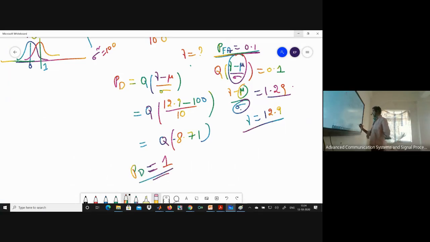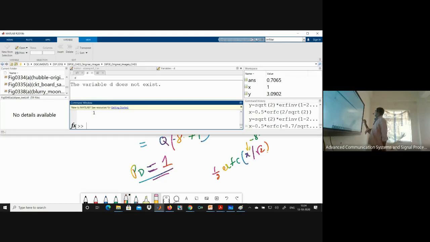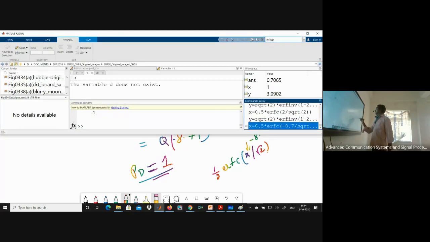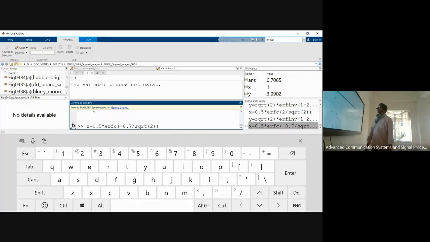What I have used is 1 by 2 times the complementary error function of x by root 2. In place of x I have kept minus 8.7, and if I do the same thing over here with 8.7, I will be getting the corresponding value.